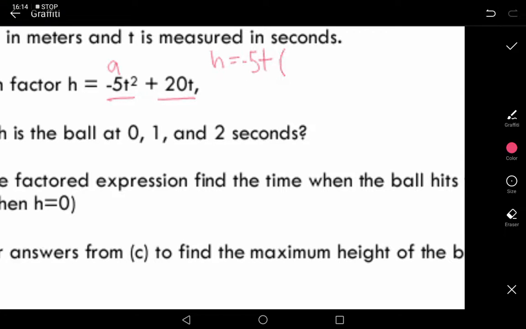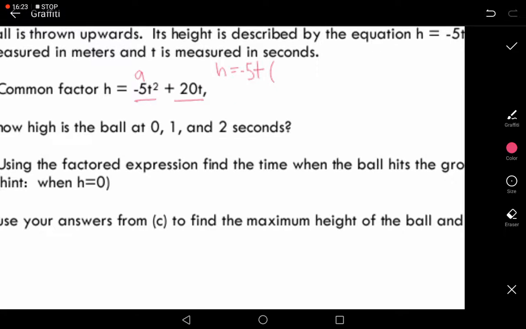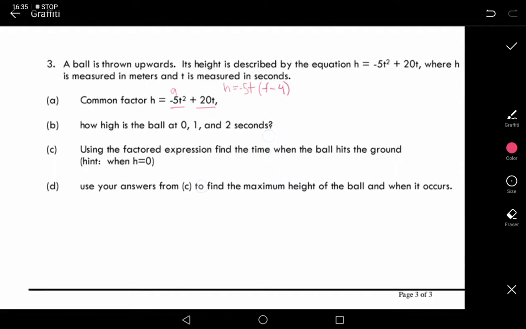Okay, remember when you're common factoring, all you're doing is dividing each of those terms by what you have out front. So negative 5t squared divided by negative 5t, all I'm left with is a t. Okay, 20t divided by negative 5t is negative 4. Okay, so that is part A. That is me common factoring that equation.